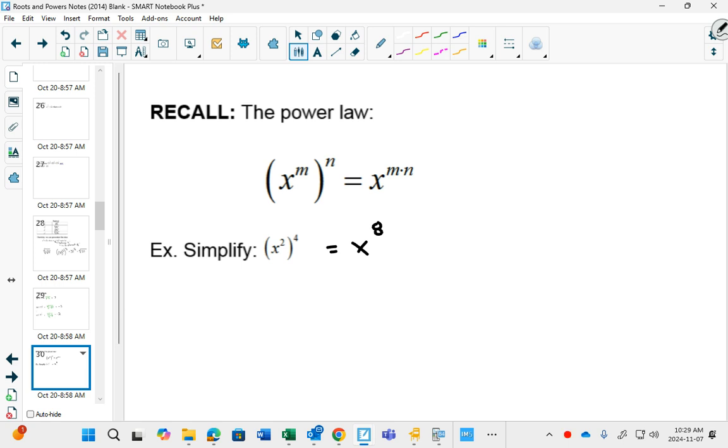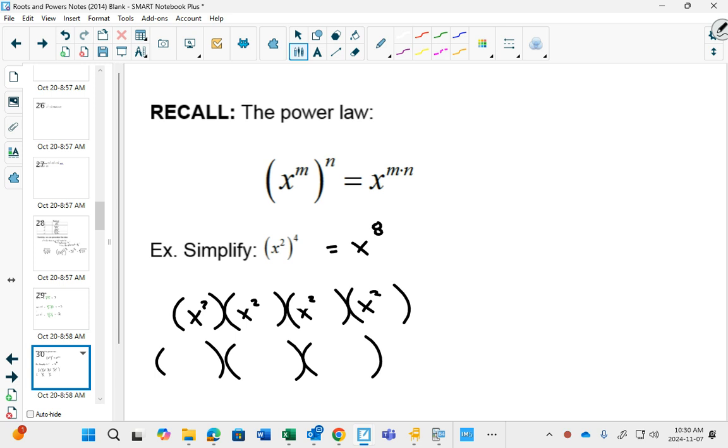But if you use nice numbers, and you think about what an exponent means, the 4 means you're going to have this same thing 4 times. That's what an exponent means, repeated multiplication. And the squared means that I have repeated multiplication of that.